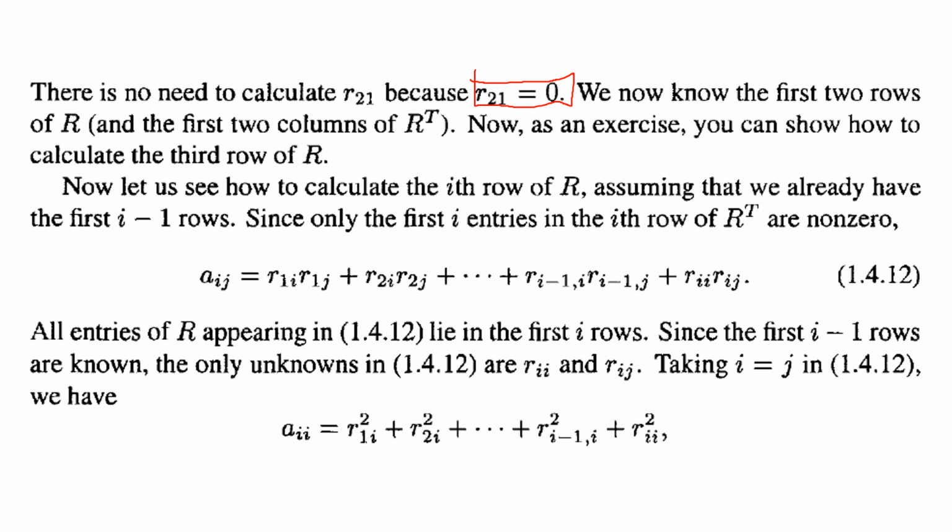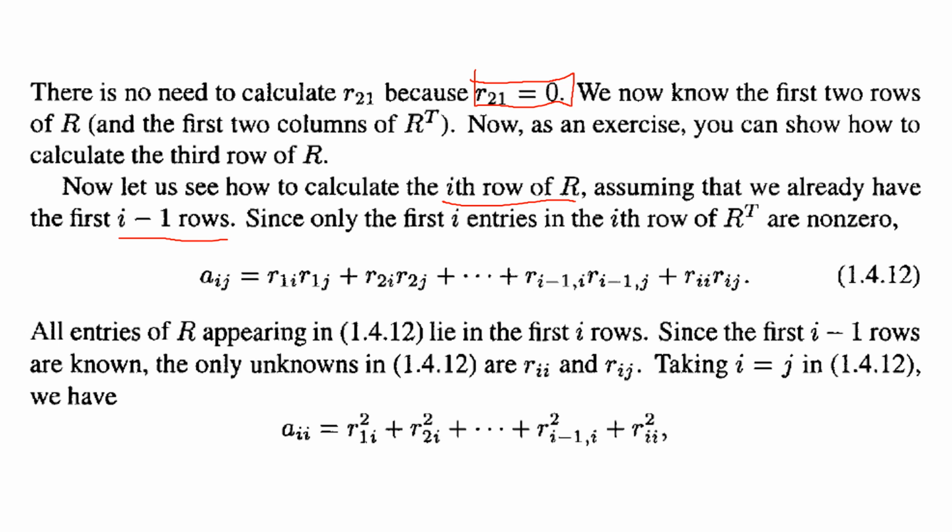Now, let us see how to calculate the ith row of R. Any row of R is under consideration. We see how we can calculate the entries of the ith row of R, assuming that we already have the first i minus 1 rows. If we have i minus 1 rows, we can calculate the ith row of R, since only the first i entries in the ith row of R transpose are non-zero.